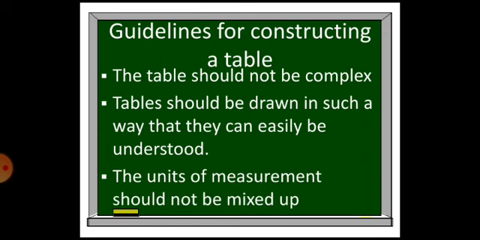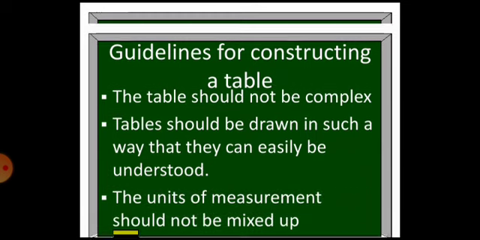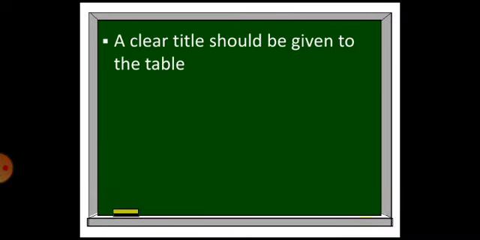The unit of measurement should not be mixed up. If it's in kilogram, it should be stated. If it's in centimeter, it should be stated. If the table is talking about currency in a country, for instance, in Nigeria, maybe Naira, maybe in America, we're talking about dollar, it should be well stated.